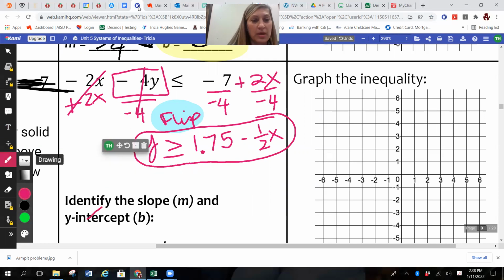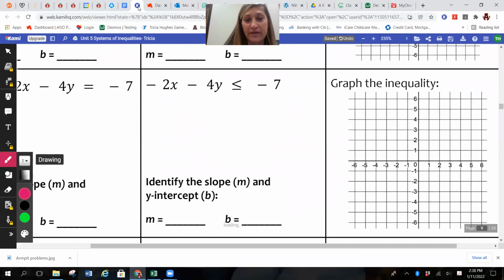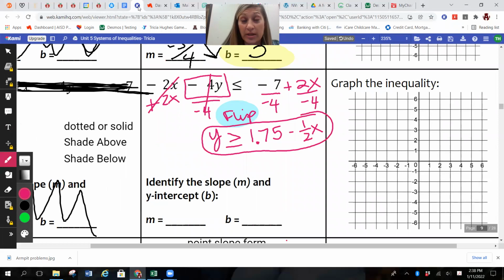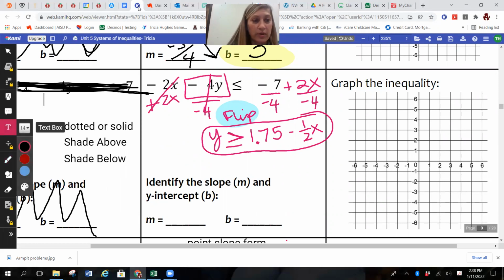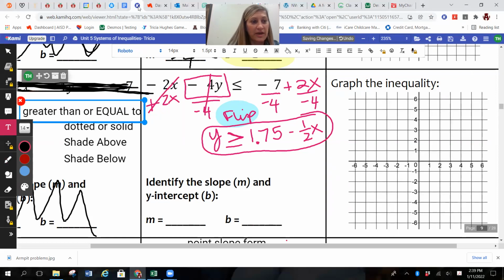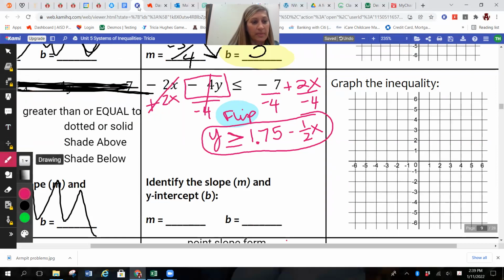Okay. So before we do any graphing, let's go ahead and label if our line's going to be solid or dotted. Again, we have greater than or equal to. That is the name of our sign.